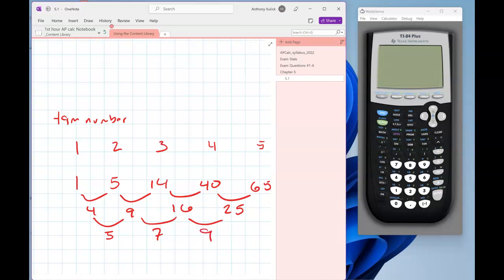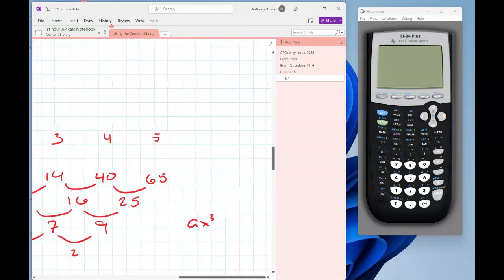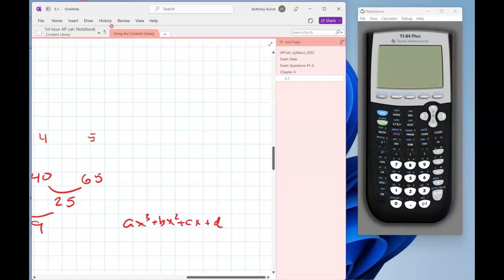Those aren't constant, so I know it's not quadratic. But if I look at the third common difference, those are all the same. So I know it's cubic. So then what I would do is write a general cubic equation, like ax cubed plus bx squared plus cx plus d. That's my function.